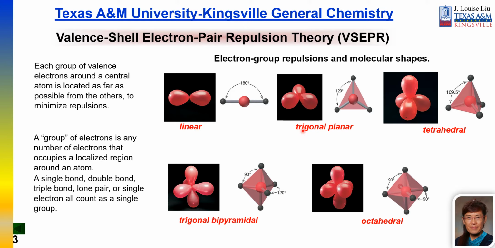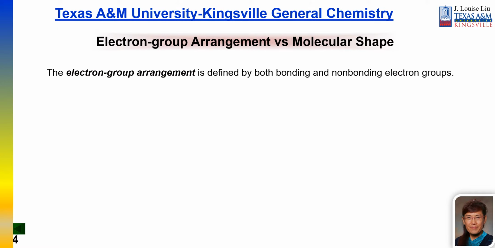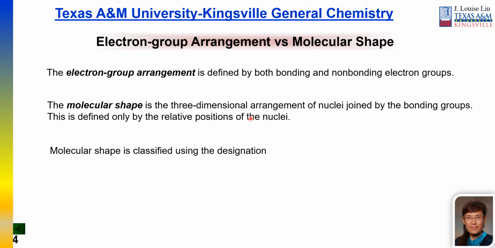Second, the trigonal planar structure. Third, the tetrahedral structure. Fourth, the trigonal bipyramidal structure. The last one is called the octahedral structure. Based on these 5 different structures, we can derive other types of structures.